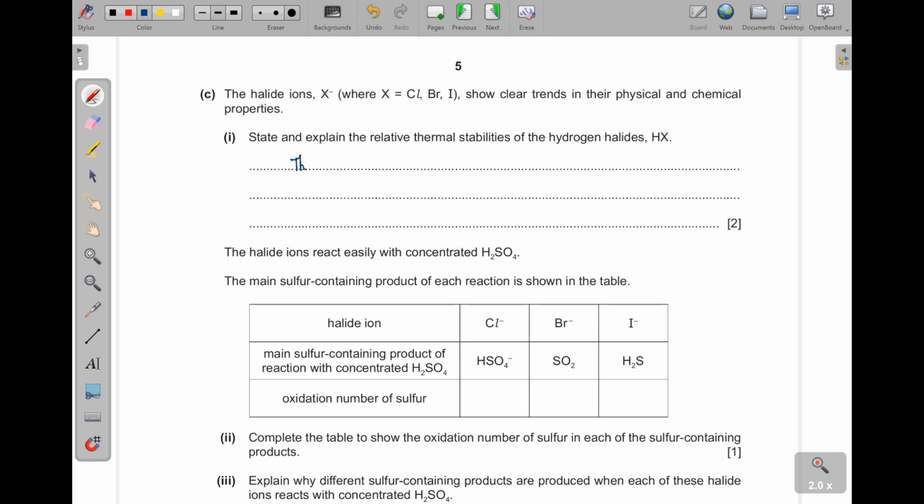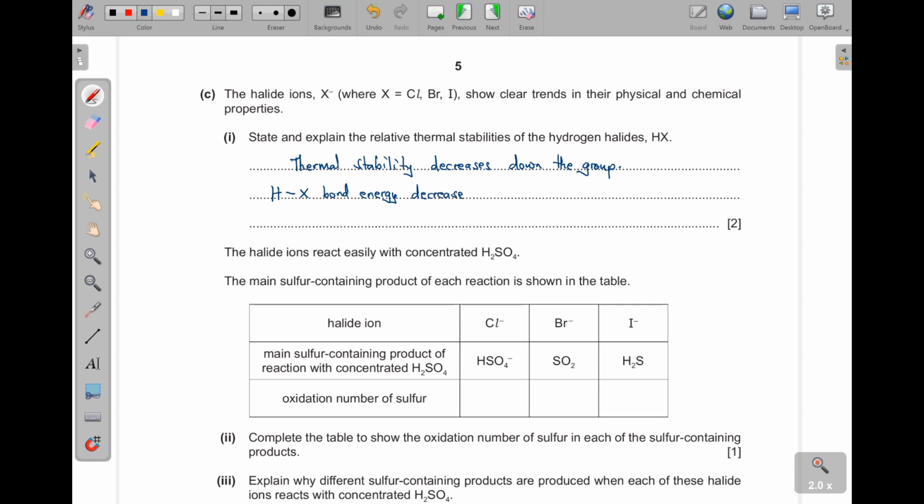So I'll say thermostability decreases down the group. Okay, this HX bond energy decreases.